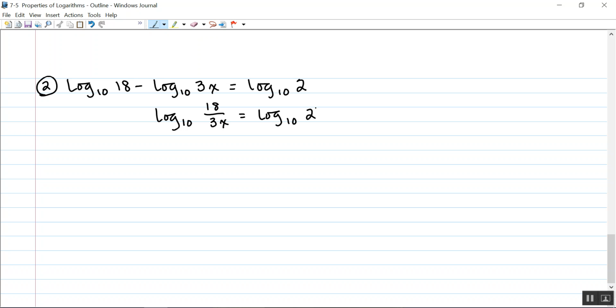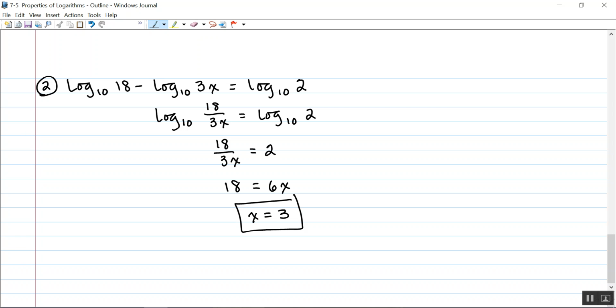And since I'm taking the log of each side, I can kind of just, it's not really canceling it out, but I don't have to worry about that. So I can say it's 18 over 3x equals 2. And now I have a very straightforward equation to solve. Multiply both sides by 3x. 18 equals 6x, or x equals 3. And that's going to be okay because the only place I had an x was here, and so that makes it a positive value that I'm taking the log of.